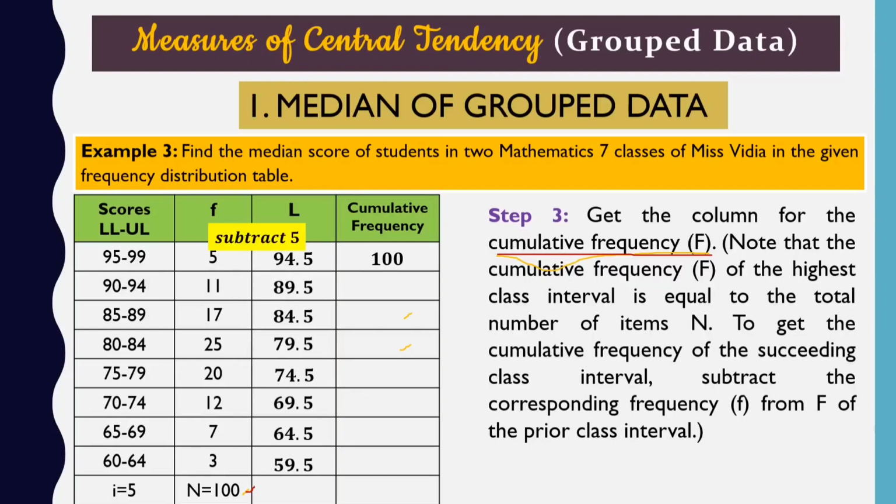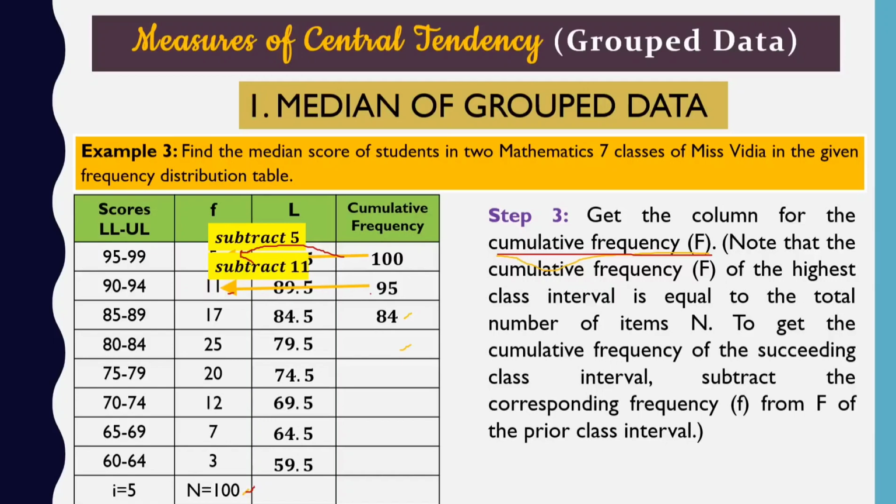After that, we subtract the frequency, 5. 100 minus 5 is equal to 95. That will be the cumulative frequency of the next interval. And then we do the same process, subtract the frequency 11 from 95. So 95 minus 11 is equal to 84.